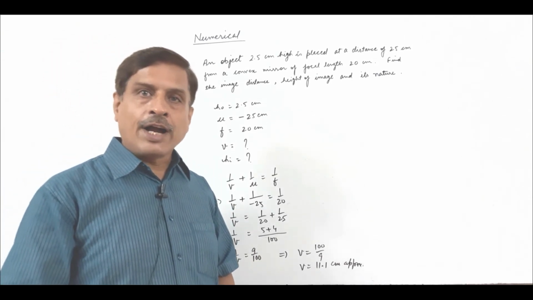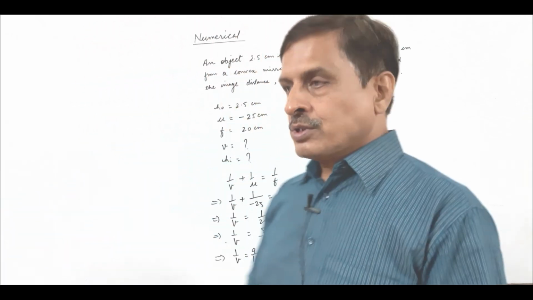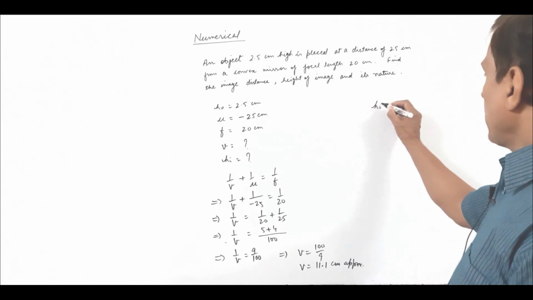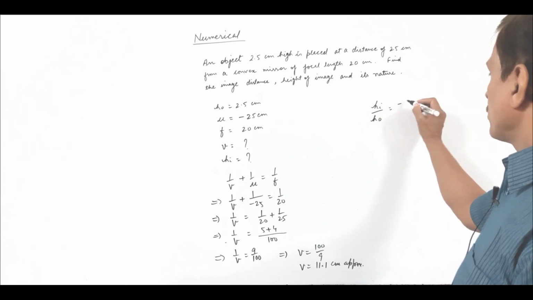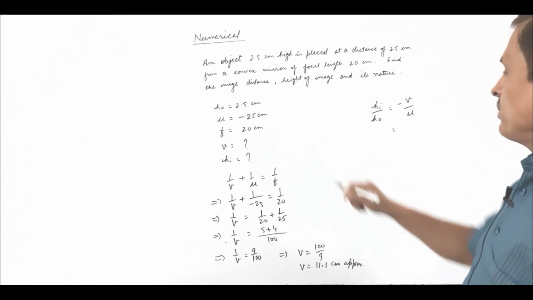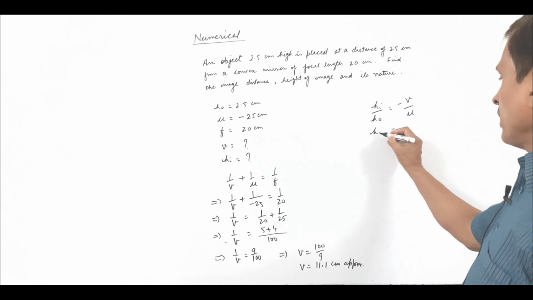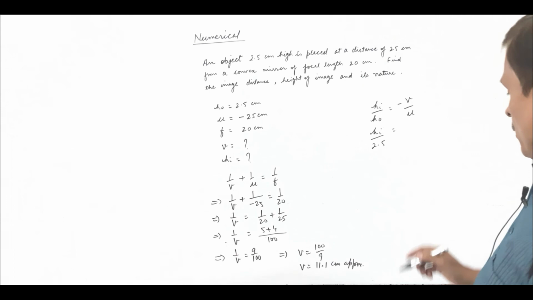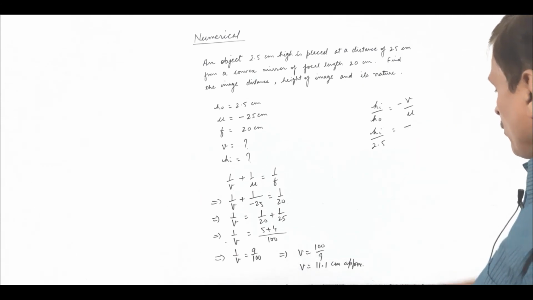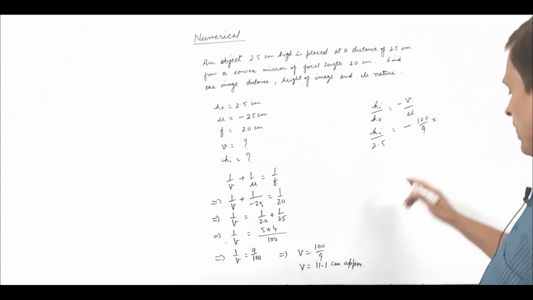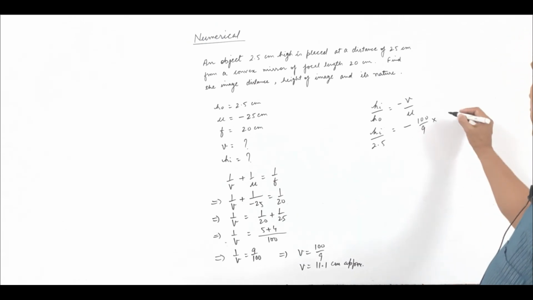To find the height of image, we use the magnification formula. We know that Hi upon Ho is equal to minus V upon U. We are given height of object, which is positive, Hi upon 2.5 is equal to minus V is 100 by 9, 100 upon 9 multiply U is minus 25, so this is 1 upon minus 25.